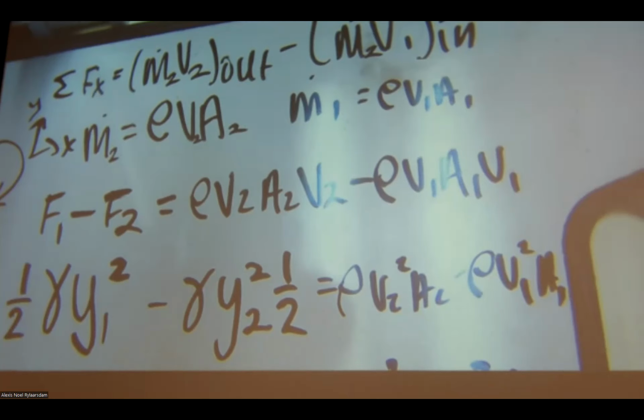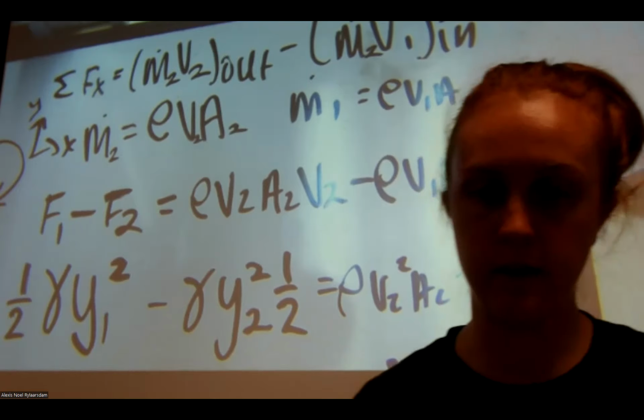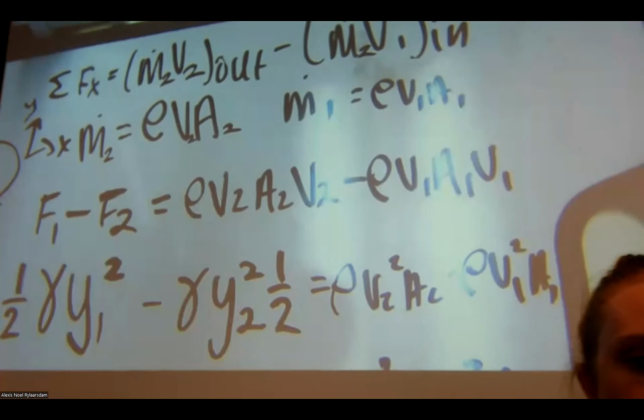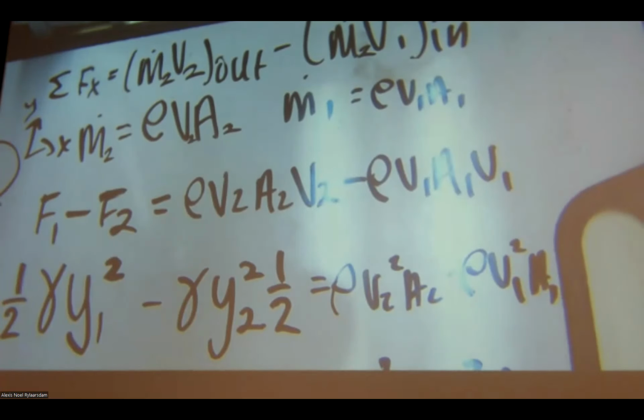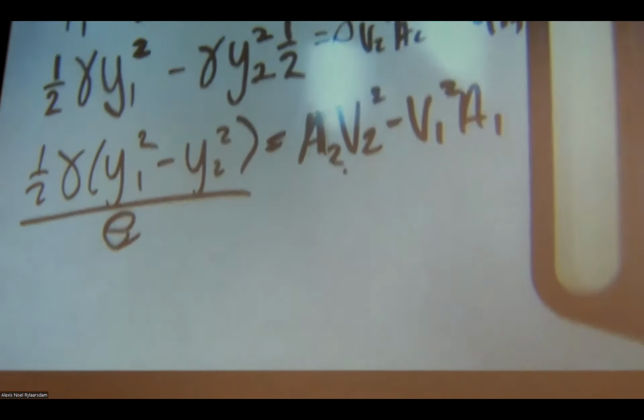Something that looks familiar here is A2 times V2. That is a Q value. So we can apply the Q values in here.